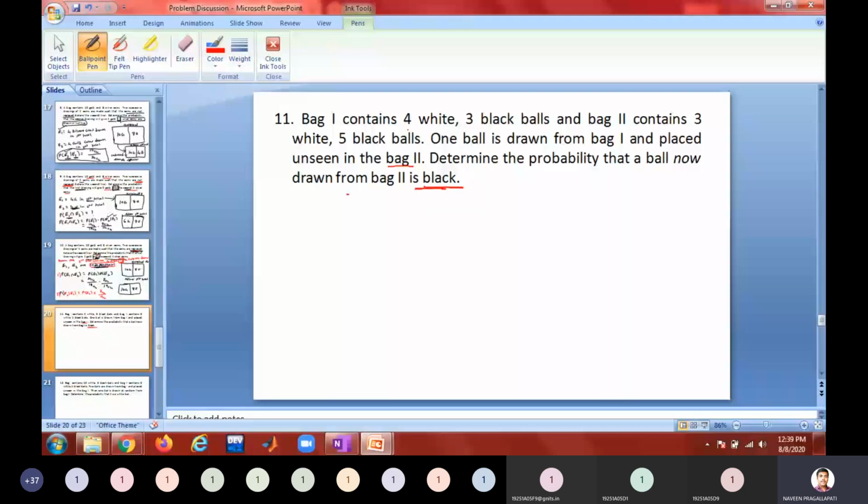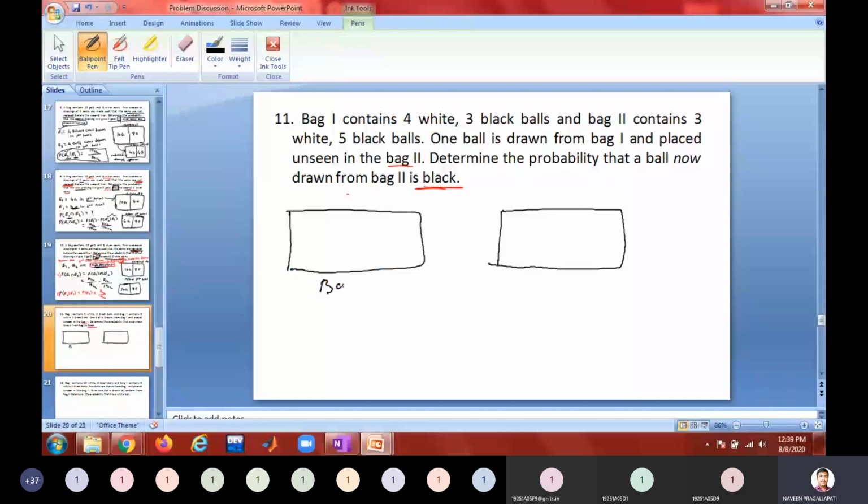So there are two bags, bag 1 and bag 2. The first bag contains 4 white and 3 black balls. Bag 2 contains 3 white, 5 black balls. Just think of the problem. One minute.